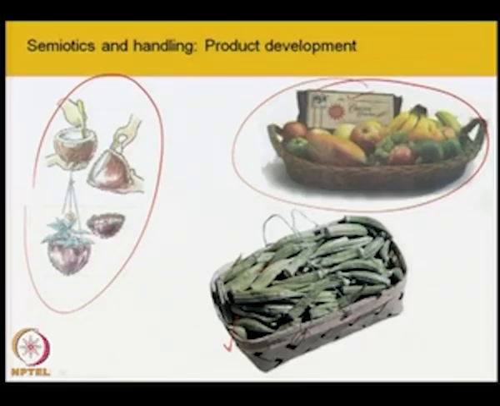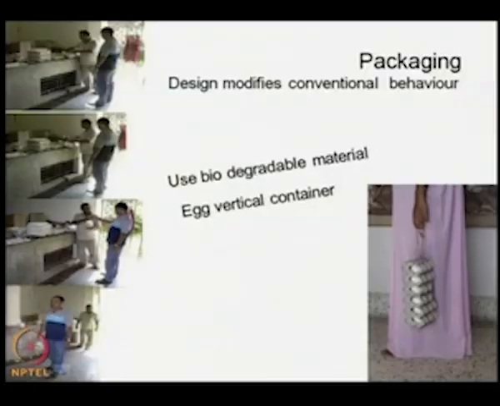With this, as an experiment, we thought of a packaging design based on the theme design modifies conventional behavior. Now, see the egg carrier. The idea was to use only biodegradable material for an egg container.